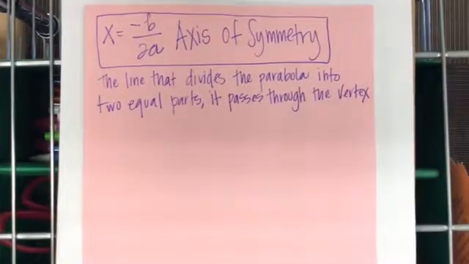It passes through the vertex. That's why the vertex is so important, because the vertex is where it changes directions. If it changes directions at the vertex, that's my line of symmetry. That's where I can flip-flop.